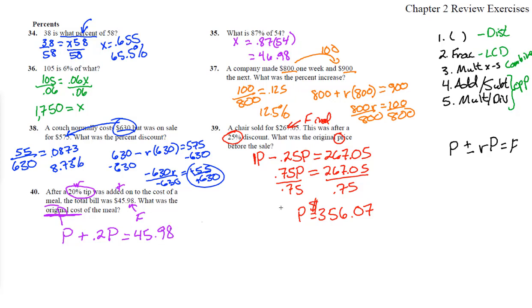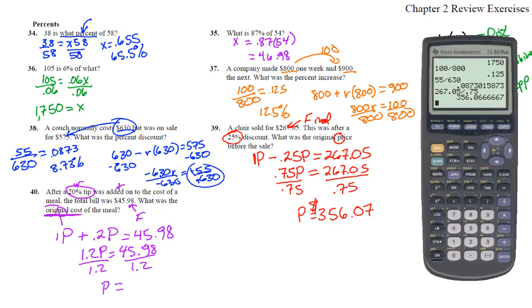All right, so that's using that formula again with a tip added on instead of a discount. There's a 1 right there. 1 plus 0.2 is 1.2p equals 45.98. Divide by 1.2, divide by 1.2. And we have p equals, calculator please, 45.98 divided by 1.2.